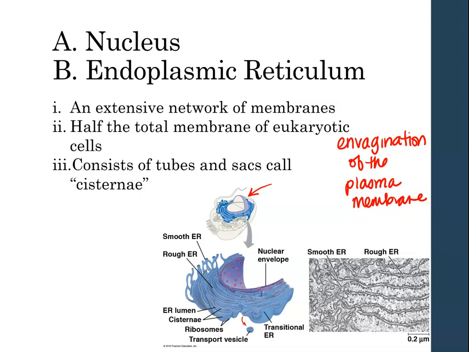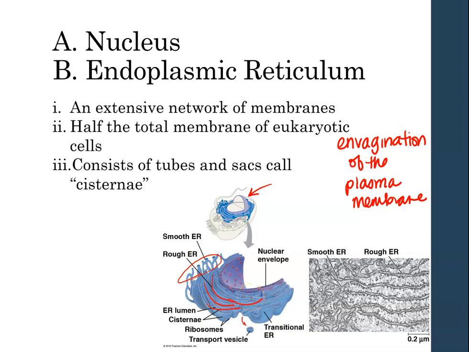There are two types of endoplasmic reticulum, and the overall shape of the endoplasmic reticulum is either tubes, you can see those here, or flat sacs. I kind of think that the endoplasmic reticulum looks like coral. If you look at pictures of coral, you have tube coral and you have these flat shaped coral.